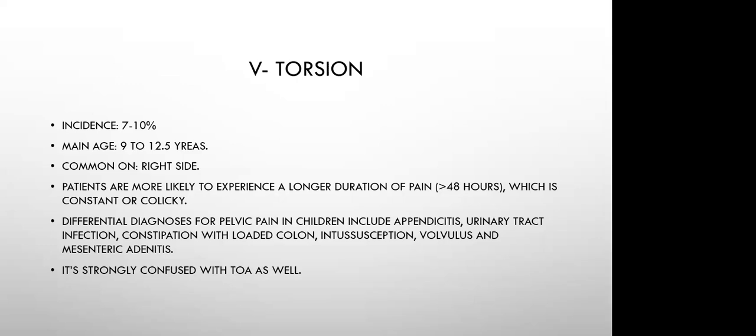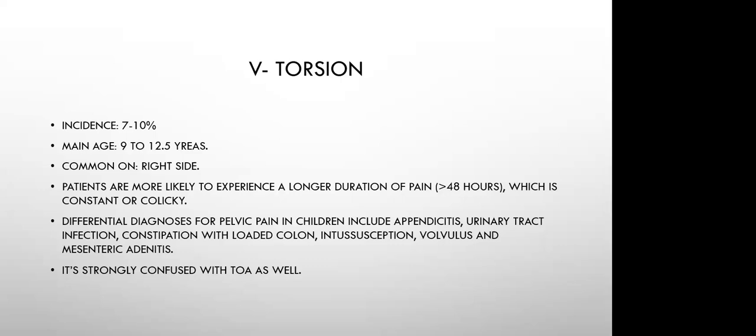Please remember that torsion is not a complaint of young age adolescents only. The most common de novo torsion happens in young age adolescents. This is maybe because of congenitally long mesotubo-ovarian ligaments.